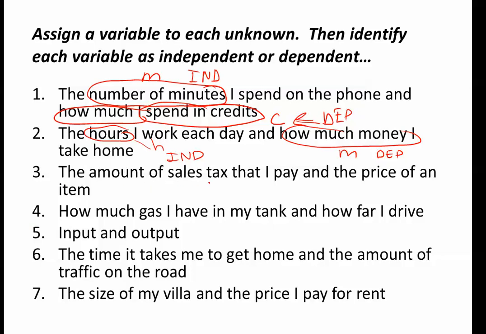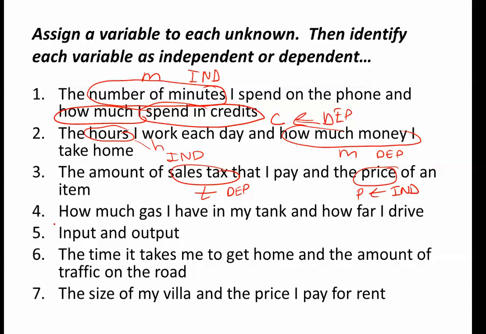The amount of sales tax that I pay and the price of an item. The amount of sales tax actually depends on the price of an item. So the price, we'll call P, is the independent. And the sales tax that I pay, we'll call T for the tax, is the dependent.